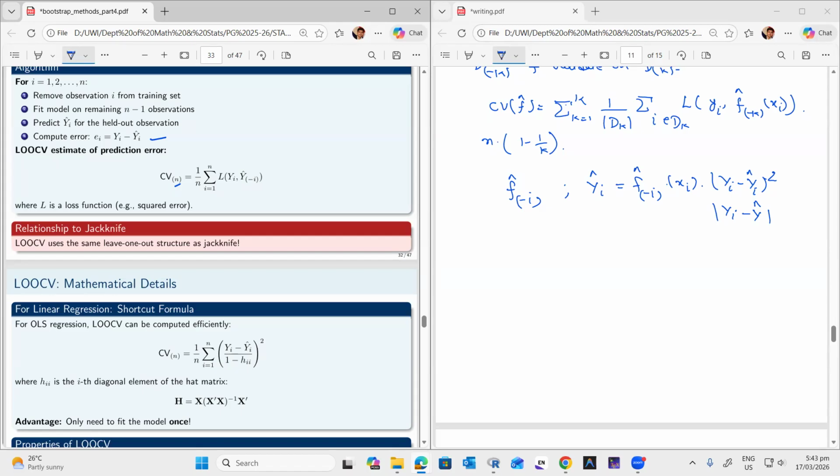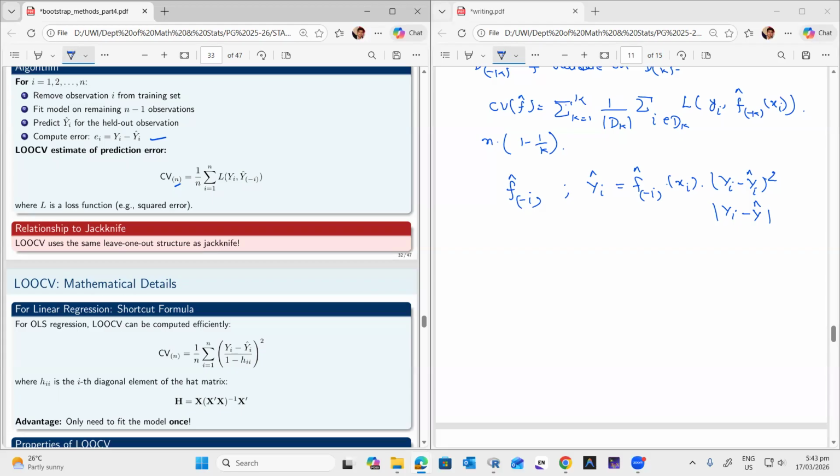Though it is slightly pessimistic, as models trained on n minus 1 are typically slightly worse than those applied on the data set of size n. All right, so after that, we are taking the squared error loss function that I told you. We are taking the squared error loss function that is very common in regression.